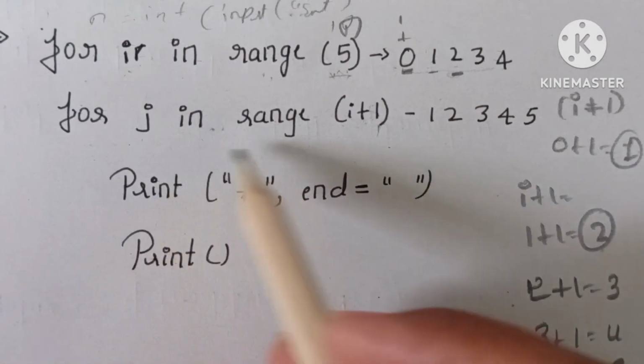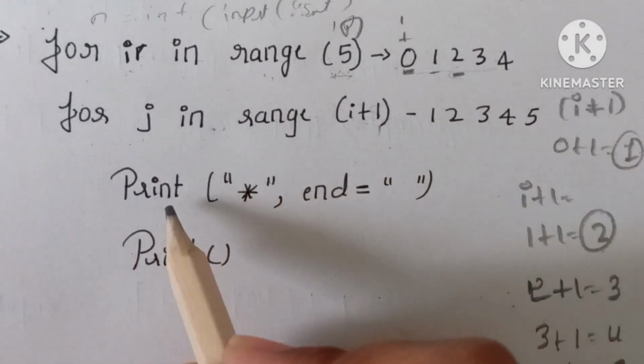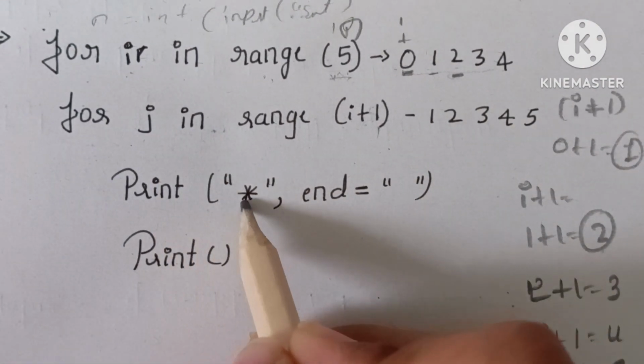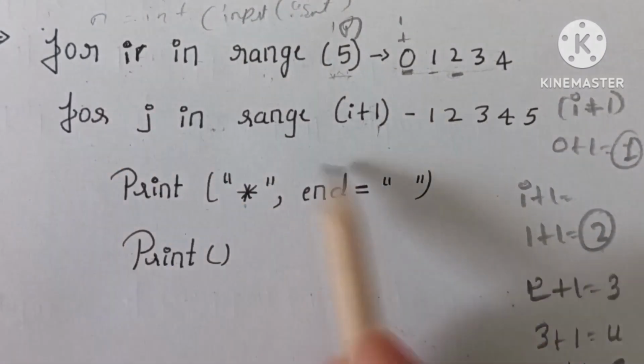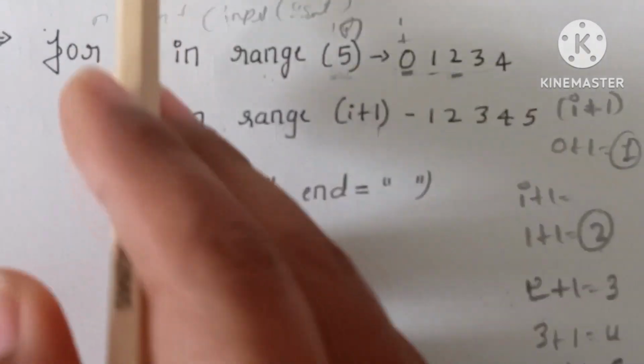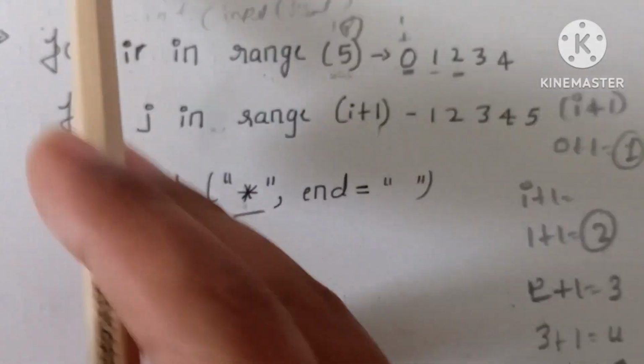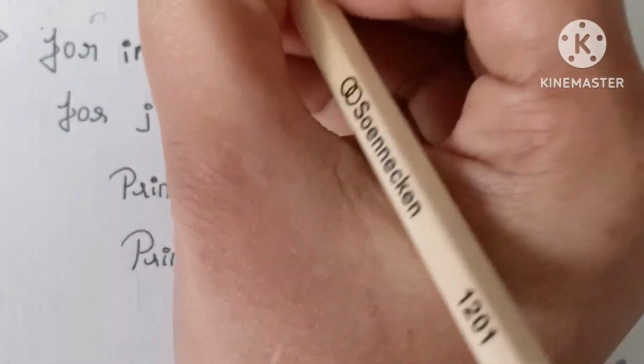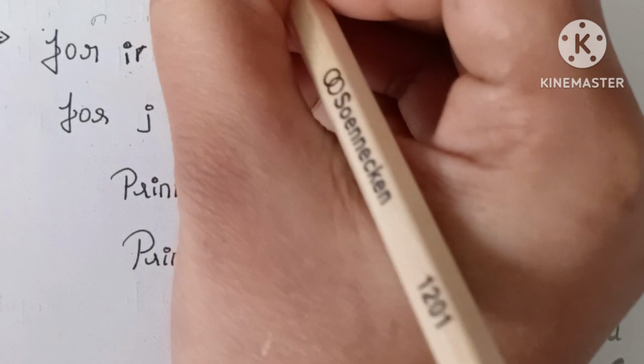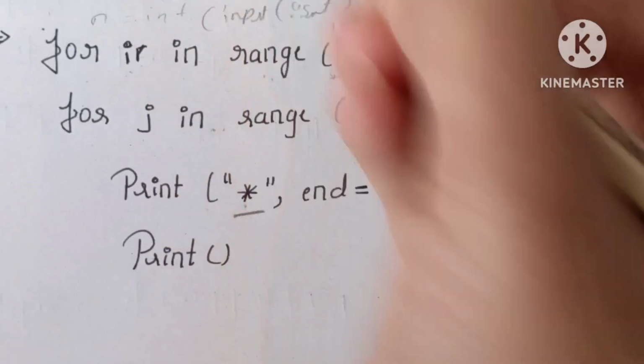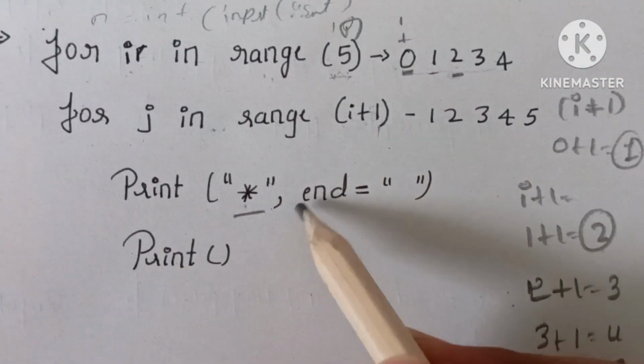So the next point is I need to write print star. Why did I take this star? Because I'm explaining about the star pattern. If you write any other thing like 1 2 3, you can take those numbers.